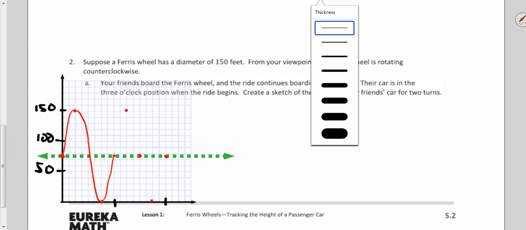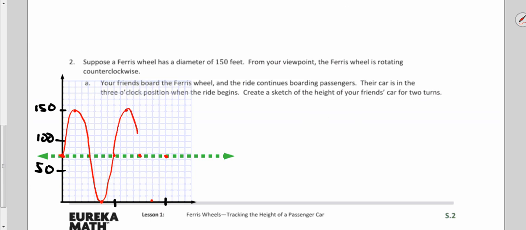Now I'm going to connect those dots with the curve. Does that sound good, Julia? So let's do that. Right here. I don't like that.